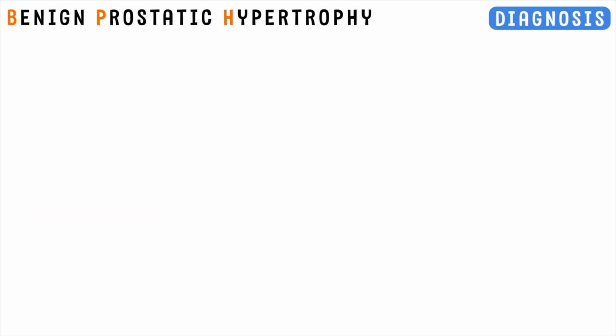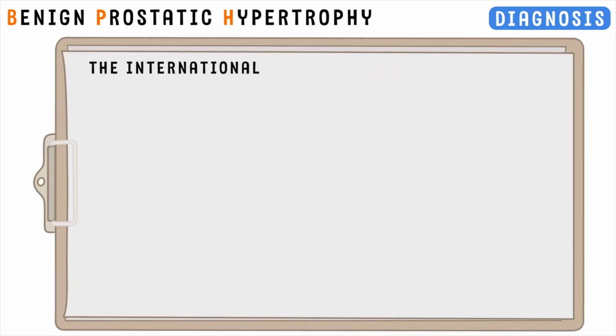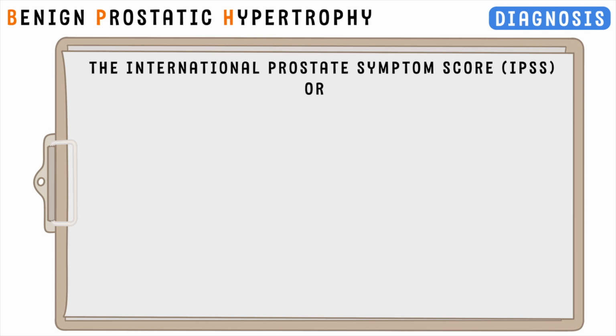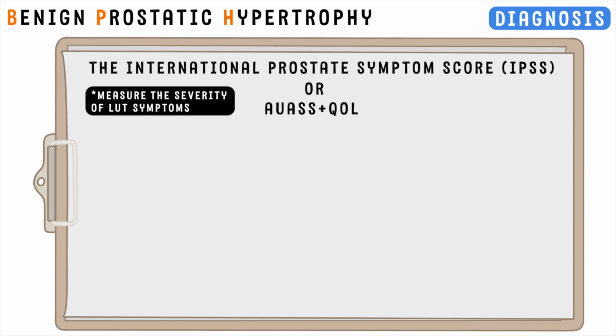During the patient's history taking, you should conduct tests such as the International Prostate Symptom Score or an equivalent test like the American Urological Association Symptom Score, along with quality of life assessment. The IPSS, or the International Prostate Symptom Score, is used to measure the severity of lower urinary tract symptoms. It is a validated, reproducible scoring system to assess disease severity and response to therapy.